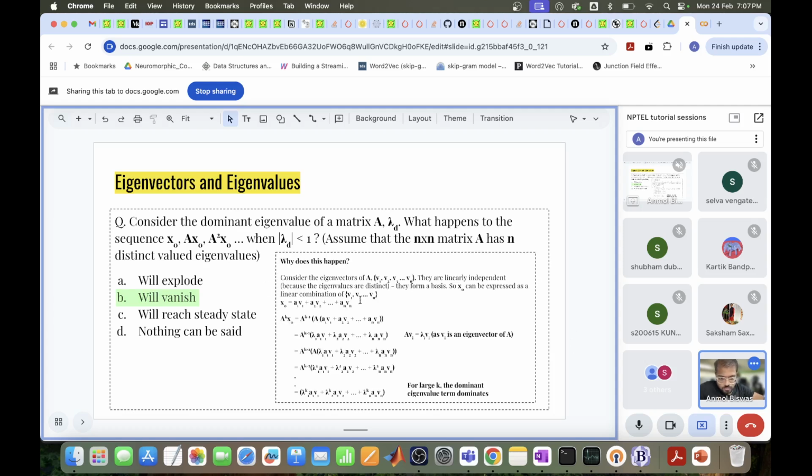So all of that background is what I said over here. The eigenvectors of A, that is v1, v2, vn, are linearly independent because the eigenvalues are distinct, which means they form a basis. Because you have n of these vectors and A is n by n, they form a basis of Rn specifically.